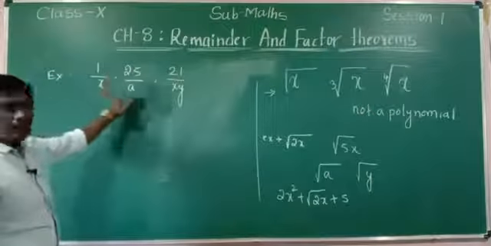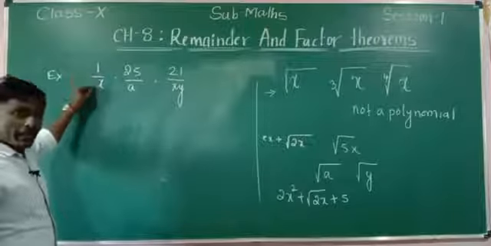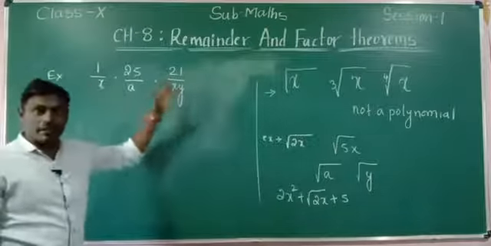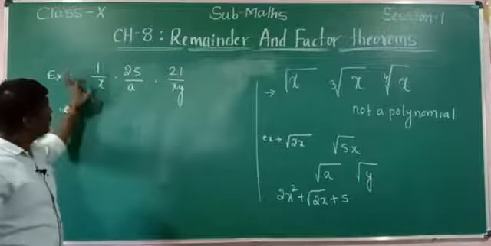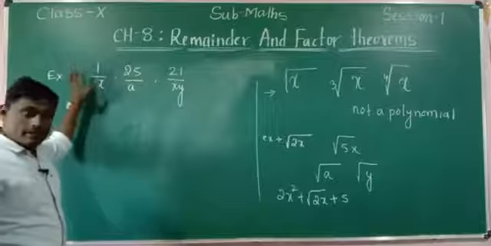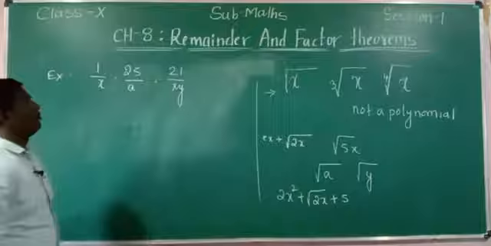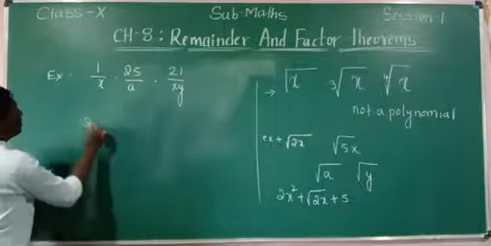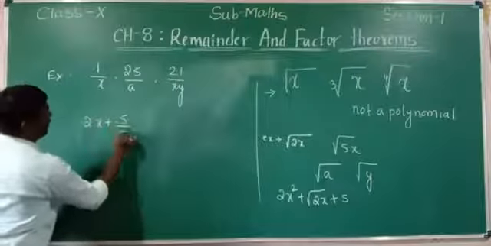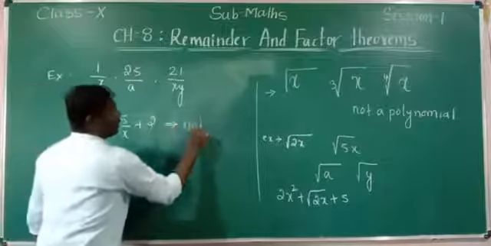Here three examples are there. In all these three examples, x, a, xy are variables, no? All these variables are in the place of the denominator. So these types of algebraic expressions we do not consider polynomials. For example, 2x plus 5 divided by x. This is not a polynomial.